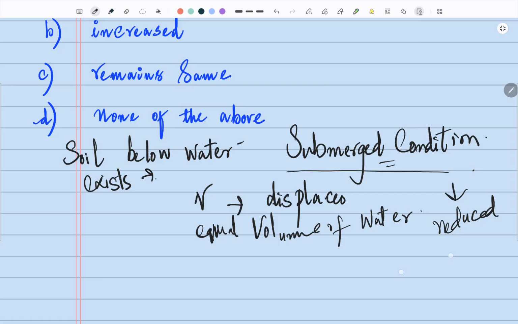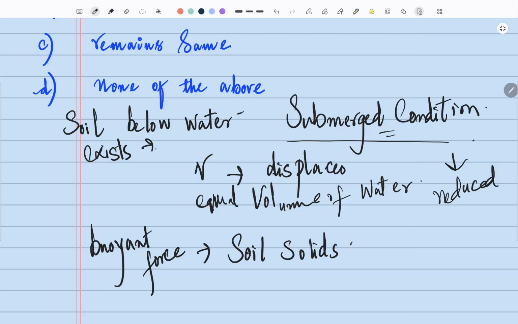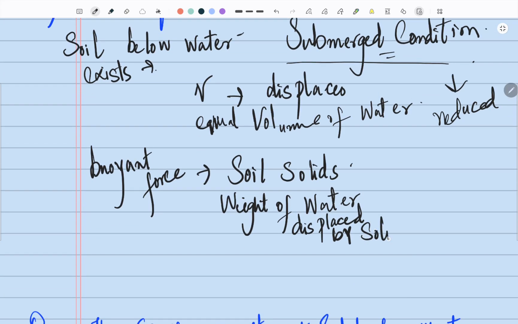A buoyant force will act on the soil solids. According to Archimedes' principle, the buoyant force is equal to the weight of the water displaced by the soil solids.